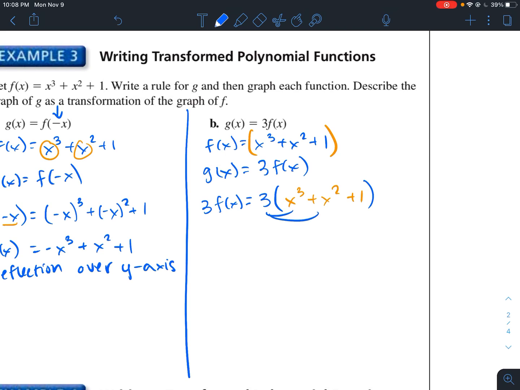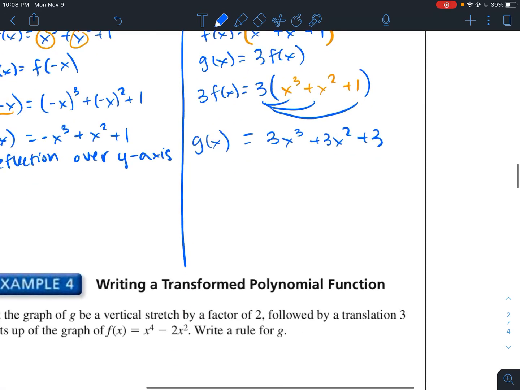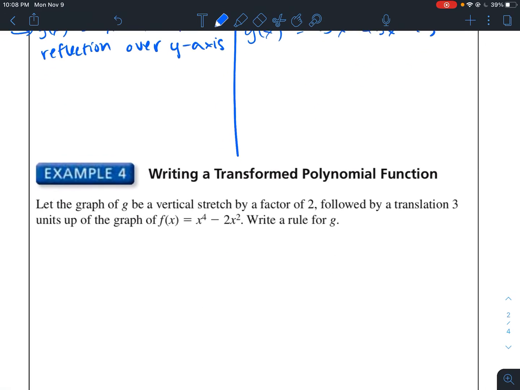Now we have to distribute that 3 inside, so that's going to be equal to 3x cubed plus 3x squared plus 3. And this right here is g of x. Alright, again, if you want to finish graphing that, I would just recommend using Desmos to help you see what the graphs would look like.